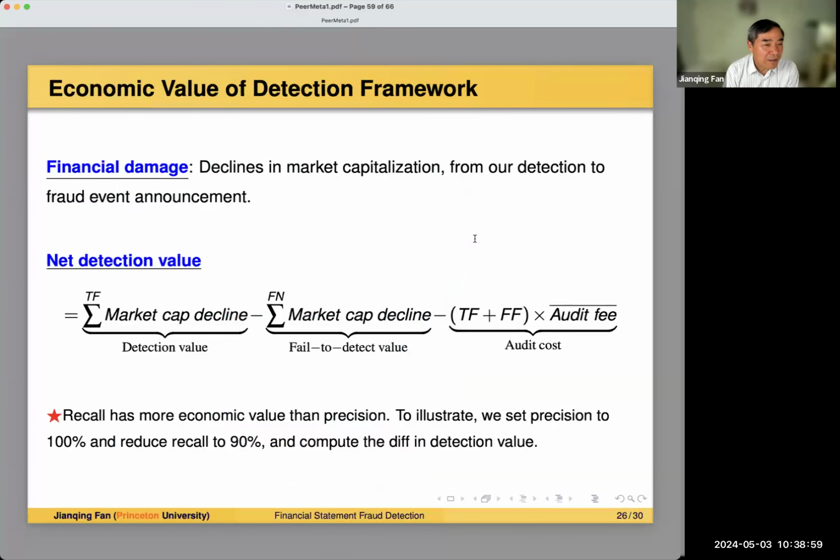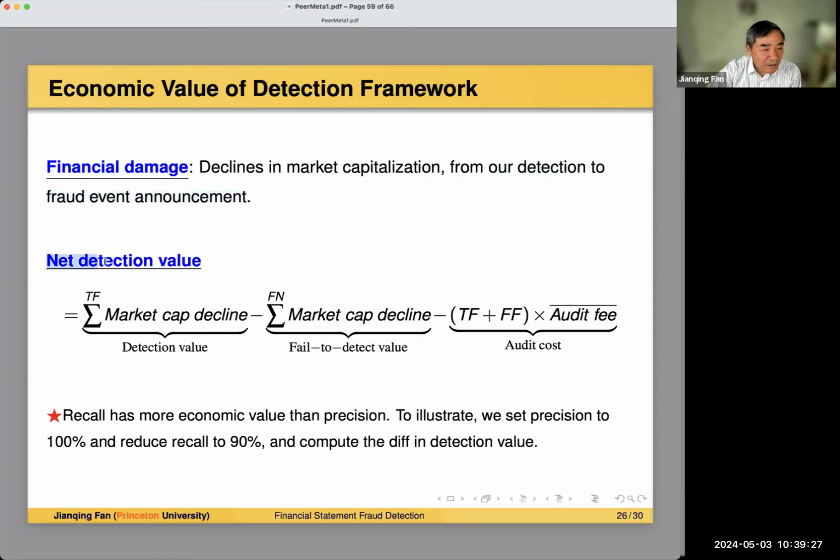Okay, so now here is our evaluation of the economic value of the detection framework. How do we measure the economic value? We basically use financial damage as the measure. It's the decline in market capitalization from our detection, which comes much earlier, to the actual financial fraud announcements.